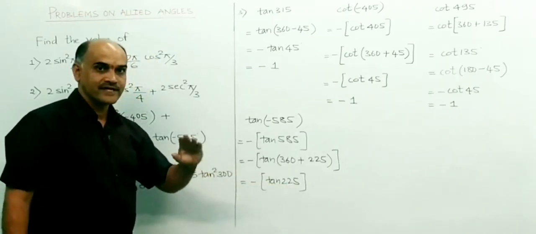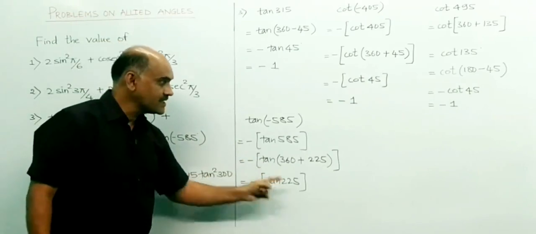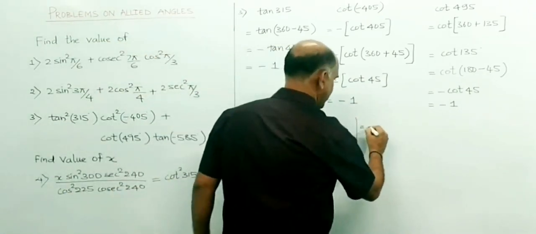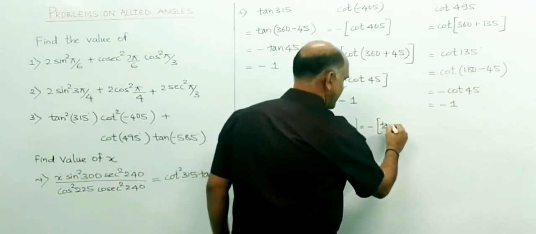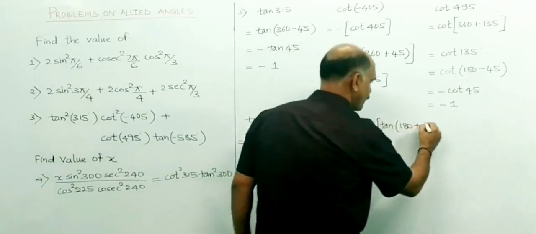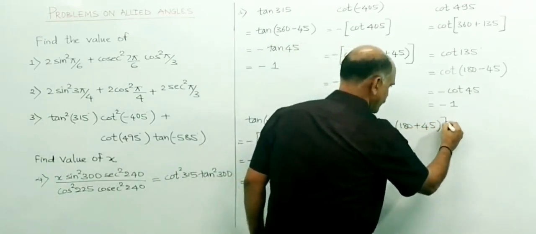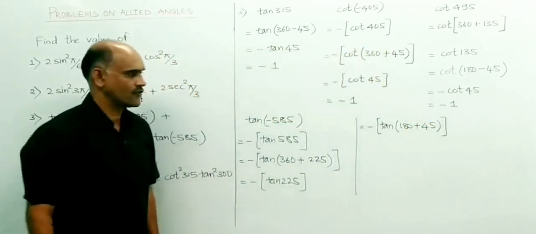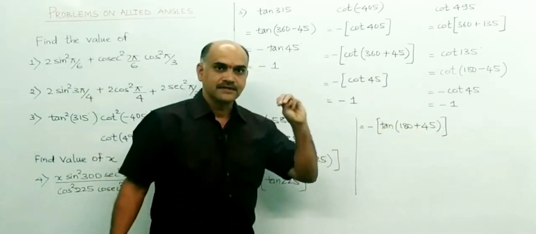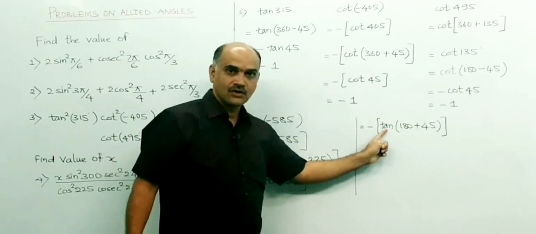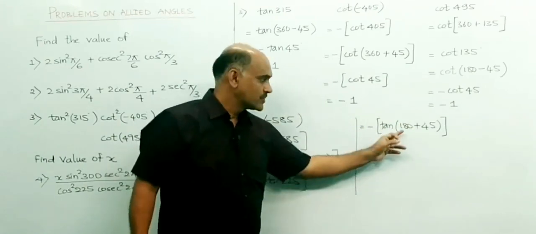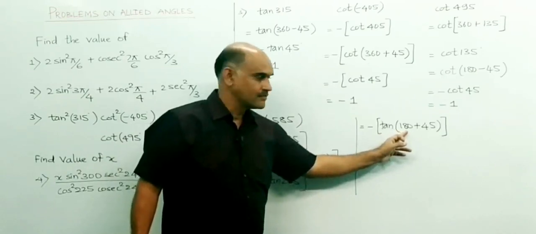Now if you observe, 225 is near to 180. So 225 is written as 180 plus 45. So you will have minus tan 180 plus 45. 180 plus means it is in the third quadrant. In the third quadrant tan is positive.